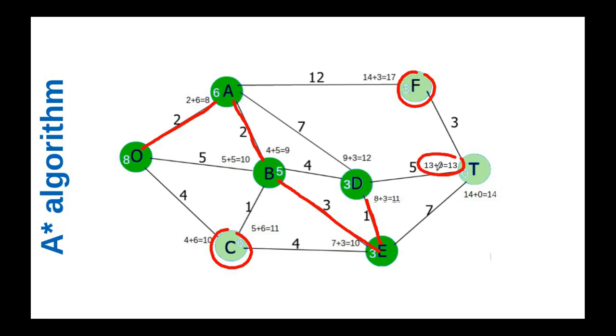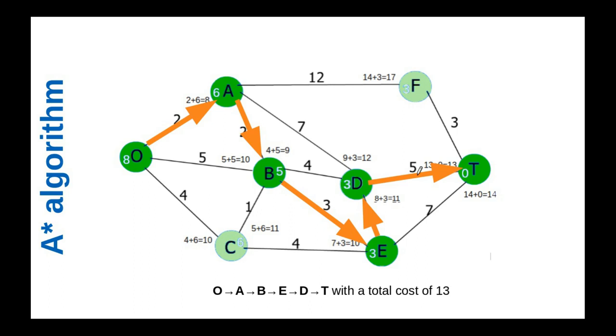And this 13 is because we have an 8. This is the total cost to get from the origin to D, is the minimum cost, and then we add this 5. So this is the 13 plus 0, 13.